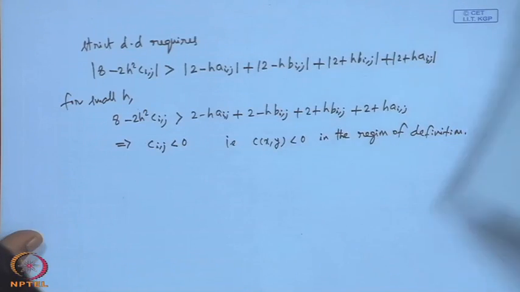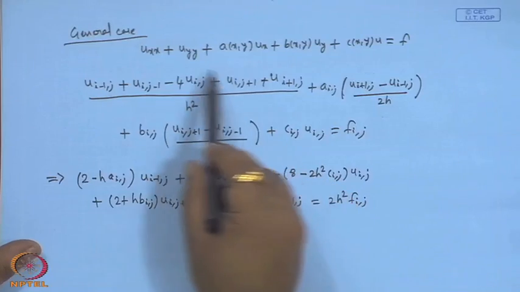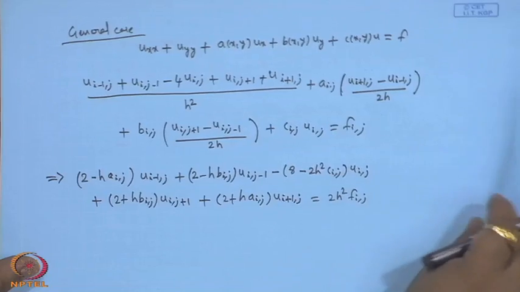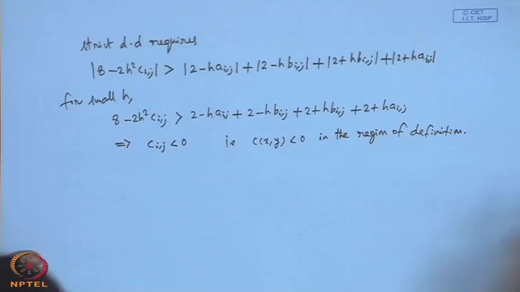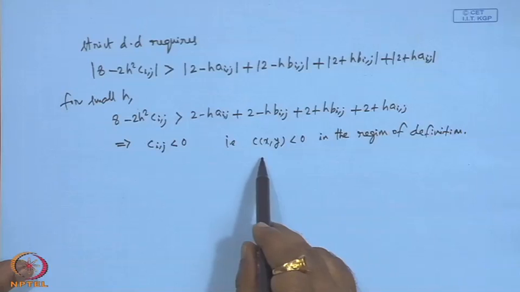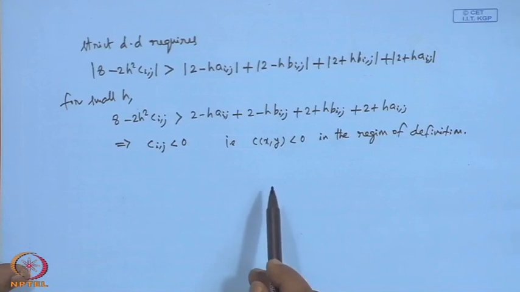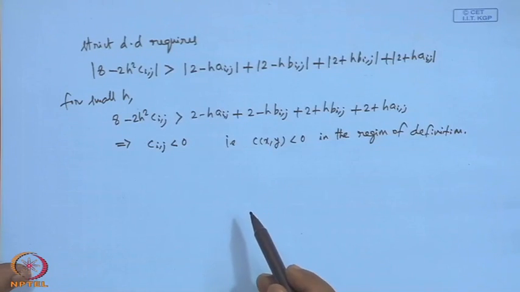So, that means if you consider such a general elliptic equation and if you want to define a corresponding iterative scheme, then it converges provided C satisfies this condition. Okay. So, this is definitely a useful inference. Okay. So, now having defined the iterative schemes, let us work out couple of examples where the solution is based on one of those iterative schemes. Okay. So, let us proceed for the example.